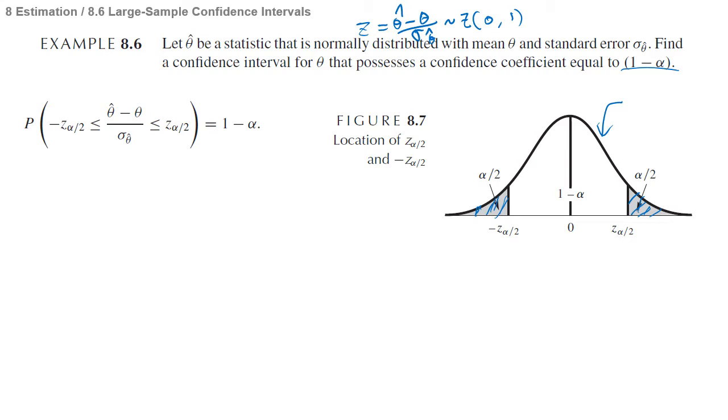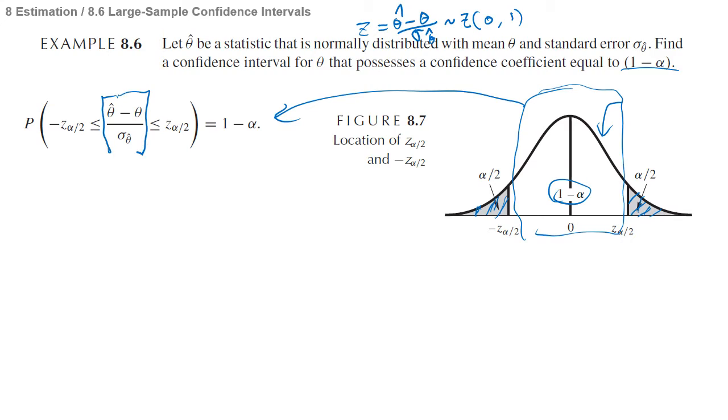So the probability that the parameter is inside is 1 minus alpha, and this can be written like this: the probability of our standard normal variable z being from the lower bound to the upper bound is 1 minus alpha.